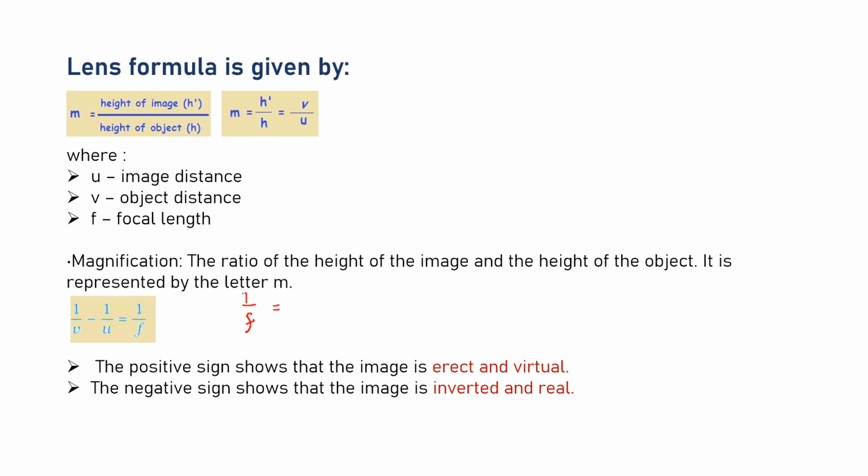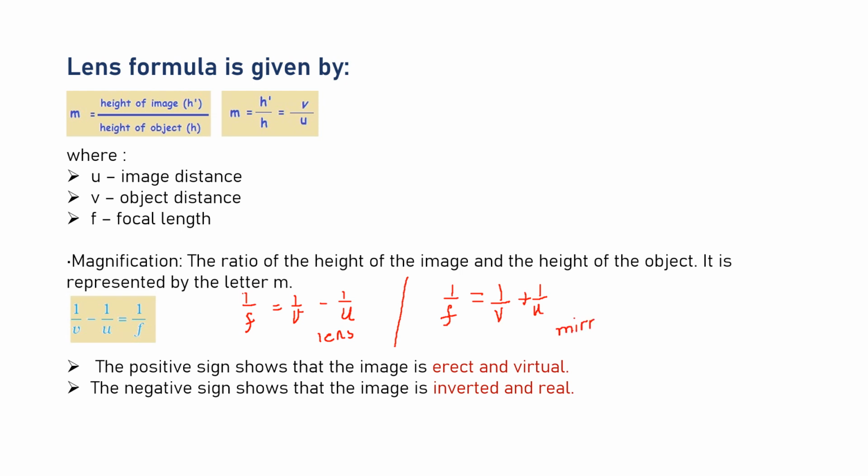This is in case of lens, right? In case of mirror it was 1 upon f is equals to 1 upon v plus 1 upon u. Right, children? This was a case of mirror.